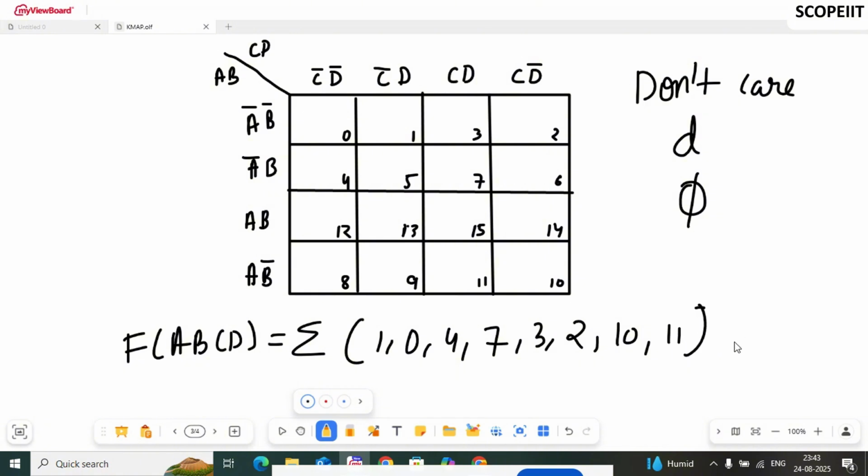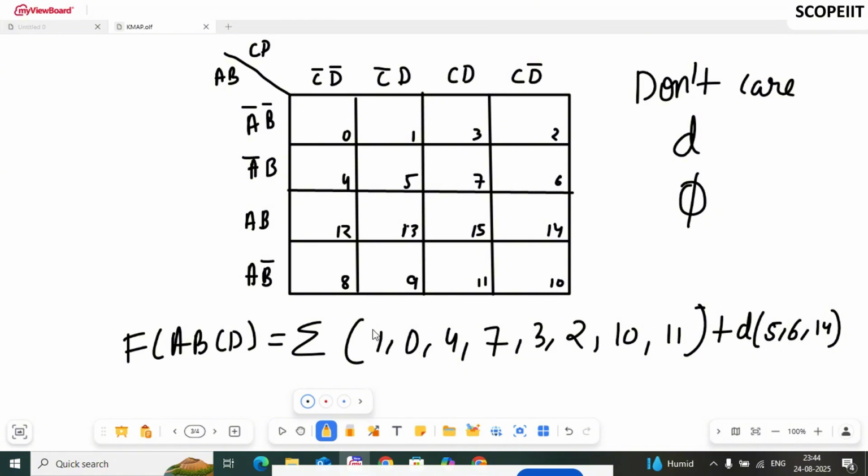Okay, this is some number we have. Okay, plus suppose if we have a don't care as 5, then suppose we have 6, and then suppose if we have 14. Okay, so these are the don't care we have.